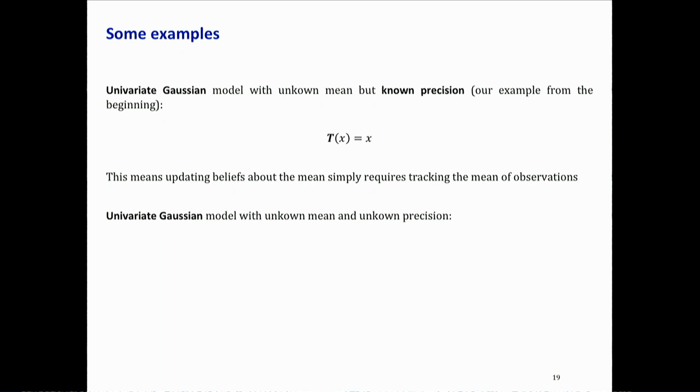Now, what's slightly more interesting is the univariate Gaussian model with unknown mean and unknown precision. So now the sufficient statistic of, this is still a scalar x here. So we're making an observation here somewhere on the real line. That's the real line.